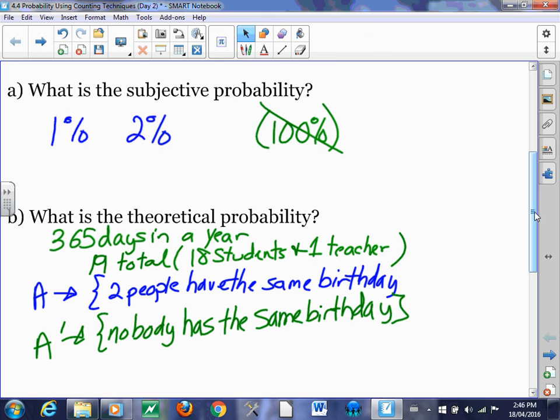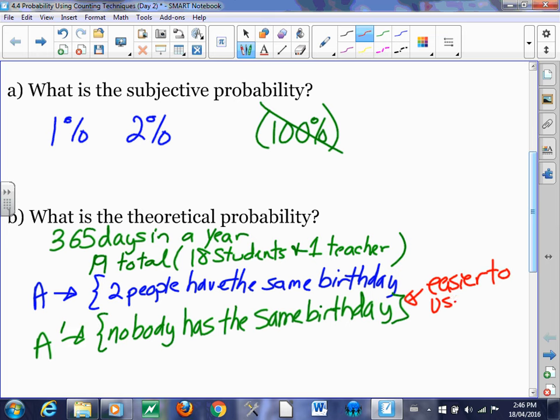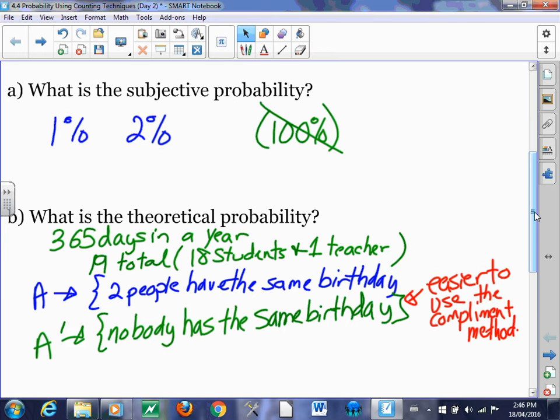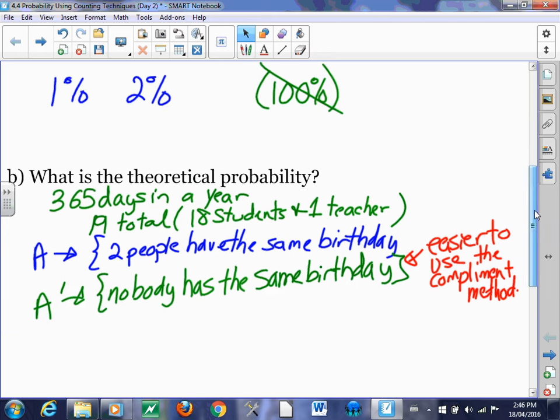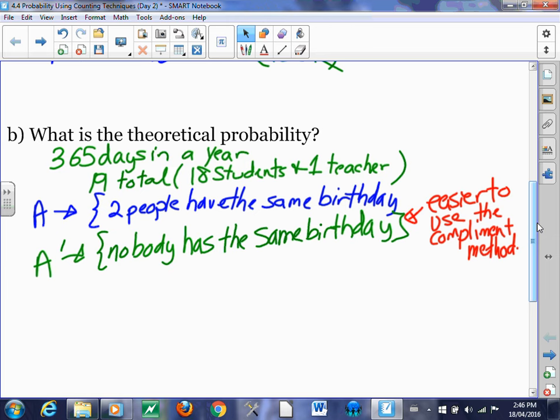The reason we're going to use the complement, or the indirect method, is because it's easier in this case.